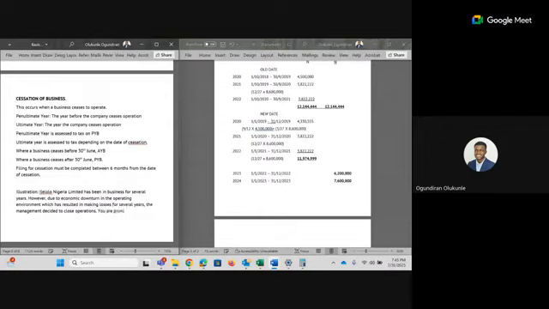You are provided with the following additional information. Year to 31 December 2020, you have 4.1 million. Then year to 31 December 2021, 3.1 million.